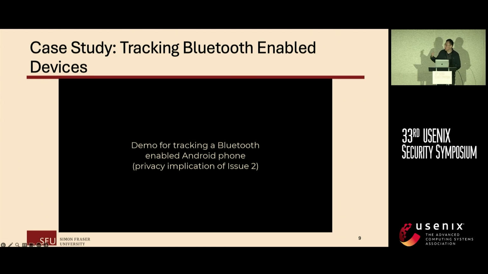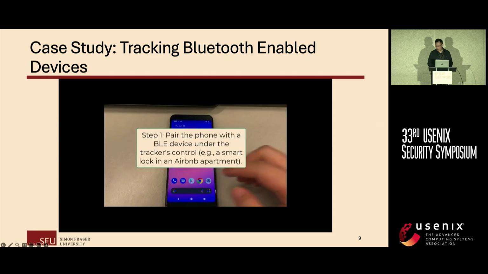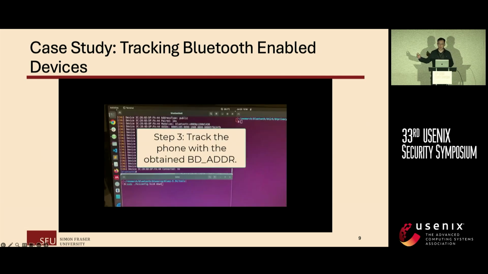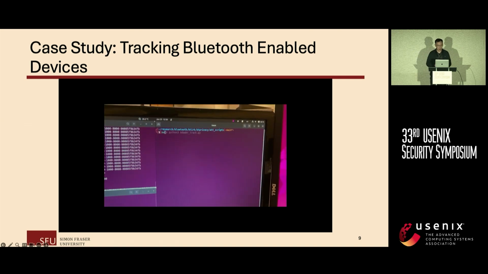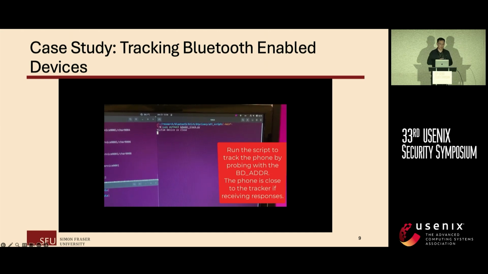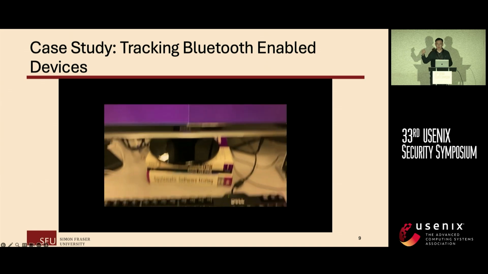This is another case study showing that a device can be tracked as long as the phone has the Bluetooth functionality enabled, even without running any Bluetooth services in the background. The first 2 steps are the same. The user pairs the phone with a device under the attacker's control and then unpairs from it. During pairing, even though only Low Energy is used, the MAC address of Bluetooth Classic is still distributed to the peer device.